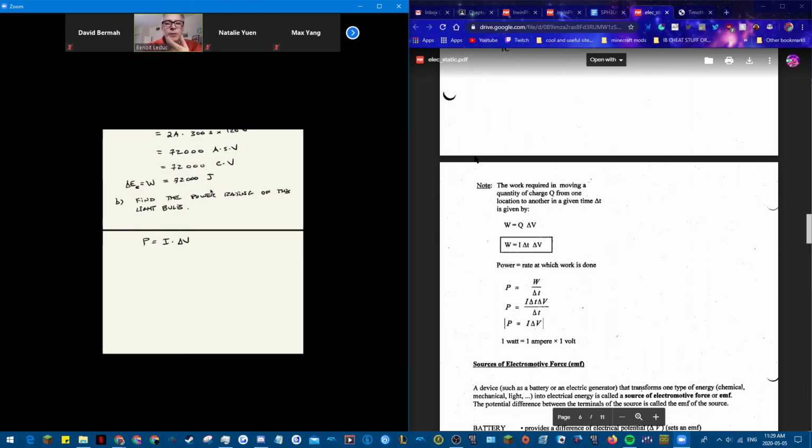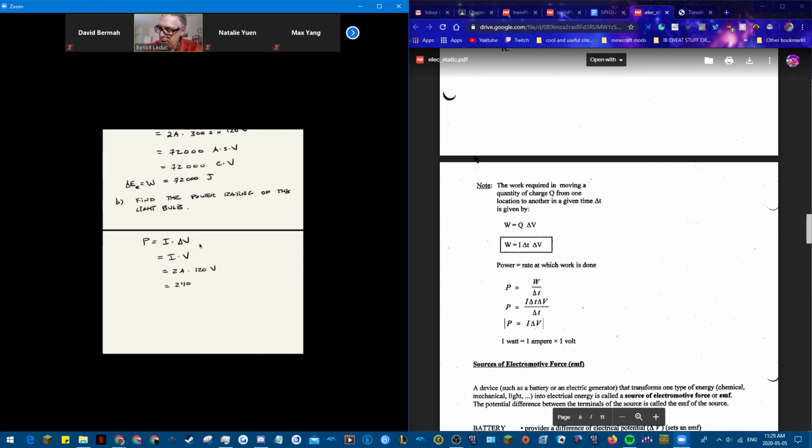So since only changes in electrical potential are meaningful, this is called a voltage here. What we do very often is drop the delta, but you have to understand here that it's always a difference in electrical potential. So it's 2 amps and 120 volts.